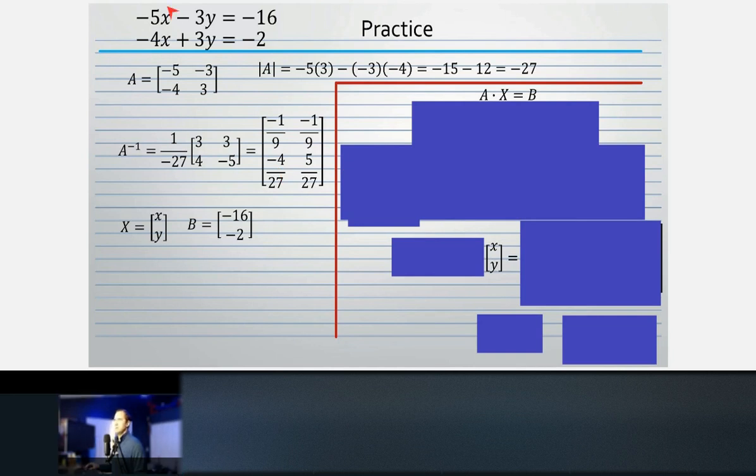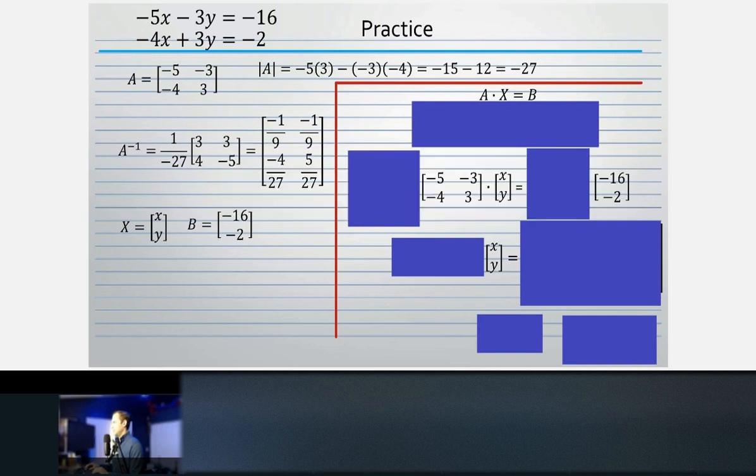All right. So going to part two, right? We have this setup. Like I said before, every problem is going to be the same. So really, we know that we're going to have the inverse times the constant matrix, right?